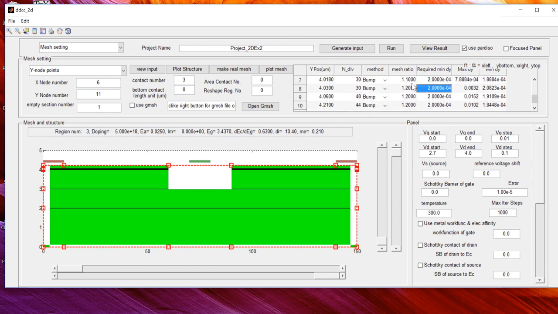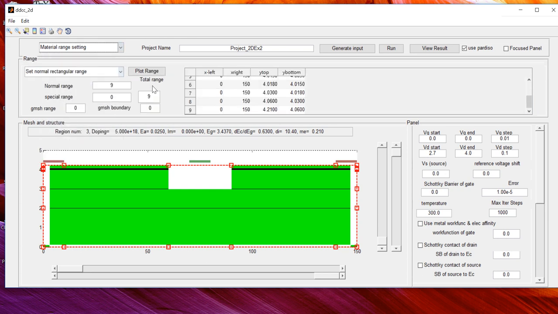Alright, so for the quantum well region only, keep the ratio small. I mean close to 1, not small, close to 1. Okay, so we get one more region, and then material range setting.